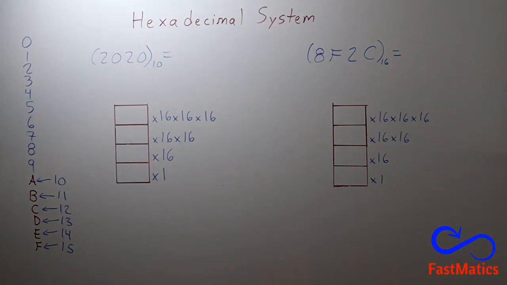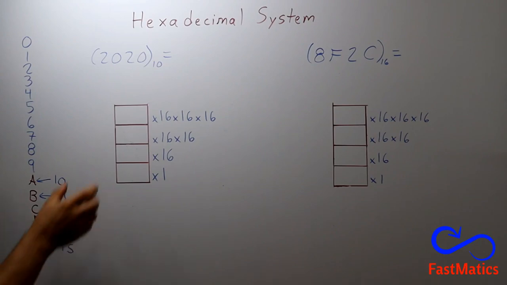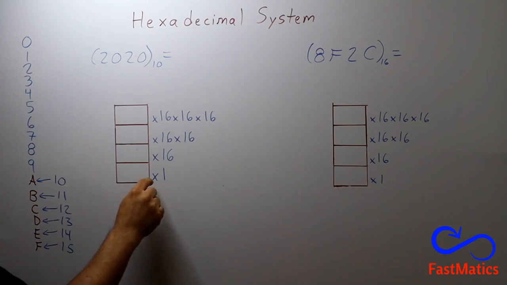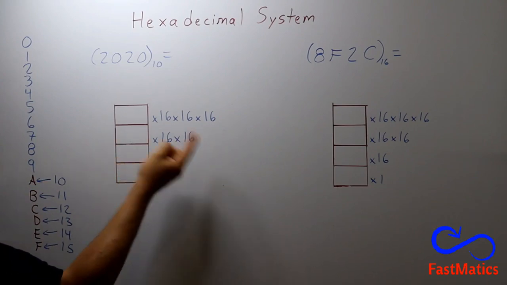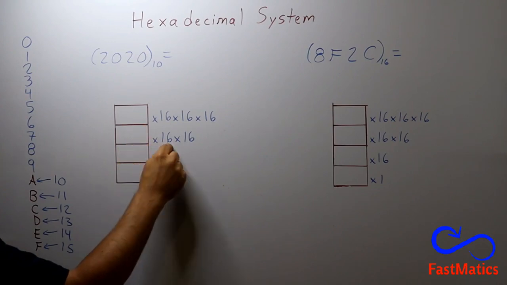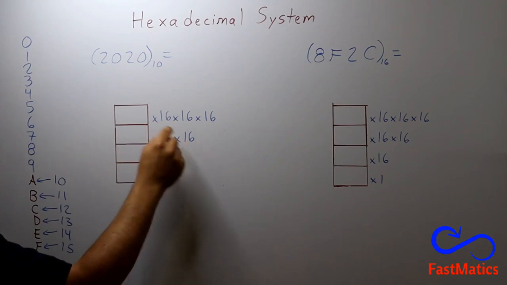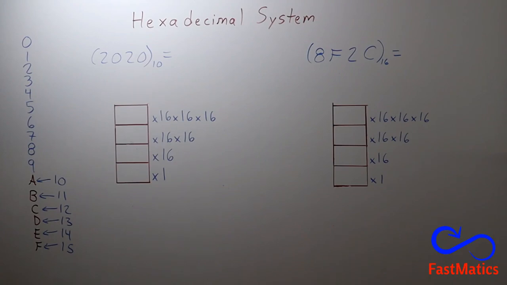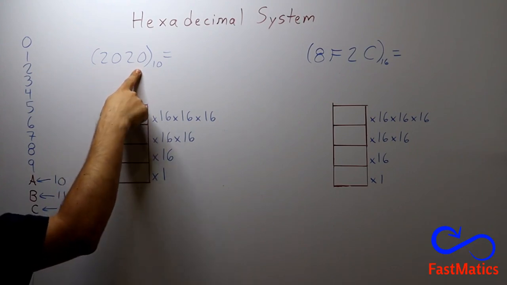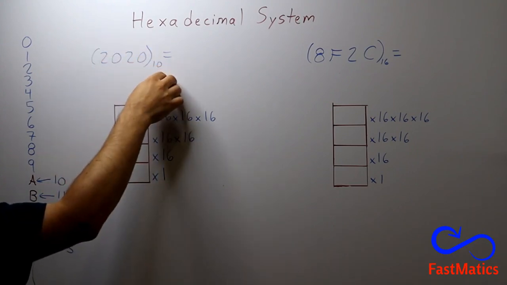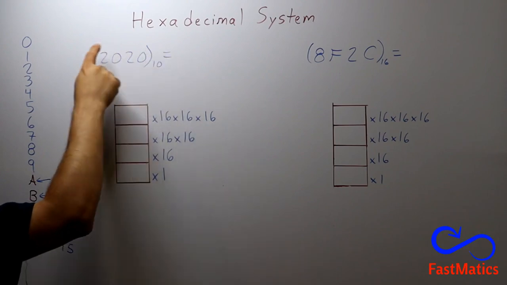As we did in the Mayan system, we're gonna draw a building and multiply the first floor by 1, the second floor by the base, 16, the third floor by 16 times 16, etc. For example, we want to write the number 2020 of our system in hexadecimal.